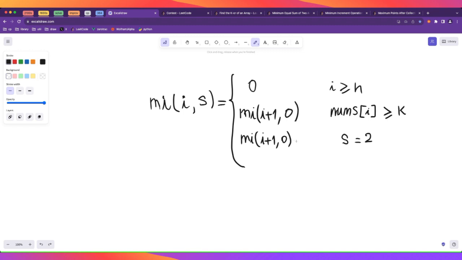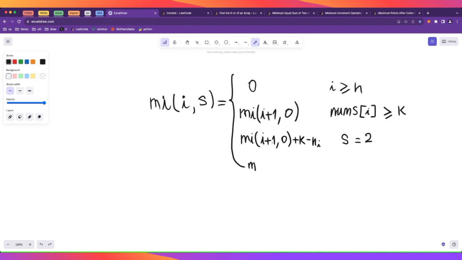The number of increments is going to be increased by k minus nums of i.